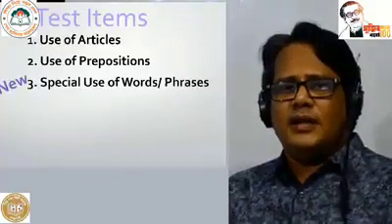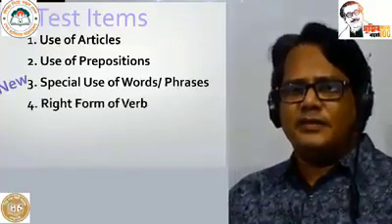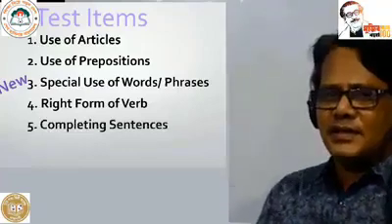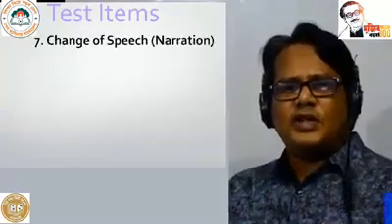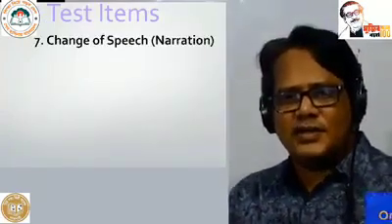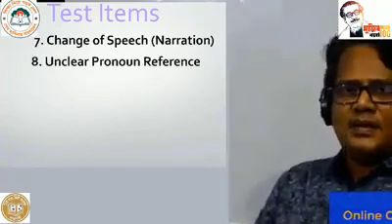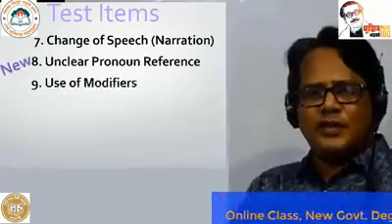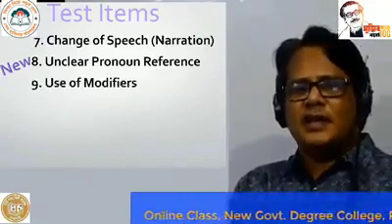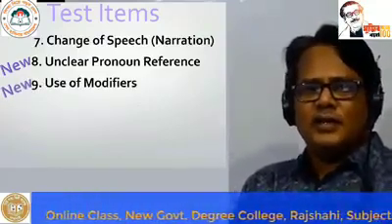Number 4, right form of verb. Number 5, completing sentences. Number 6, transformation of sentences. Number 7, change of speech, which is known as narration. Question number 8, unclear pronoun reference. This is also a new item for you. Then use of modifiers, another new item for you.